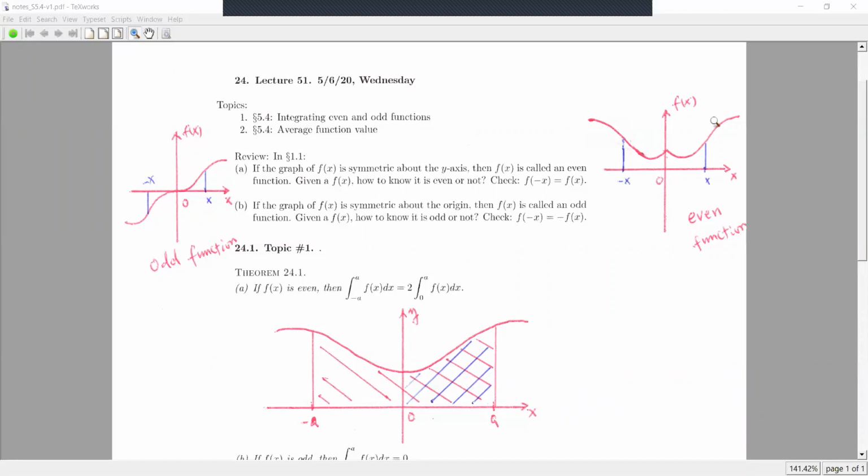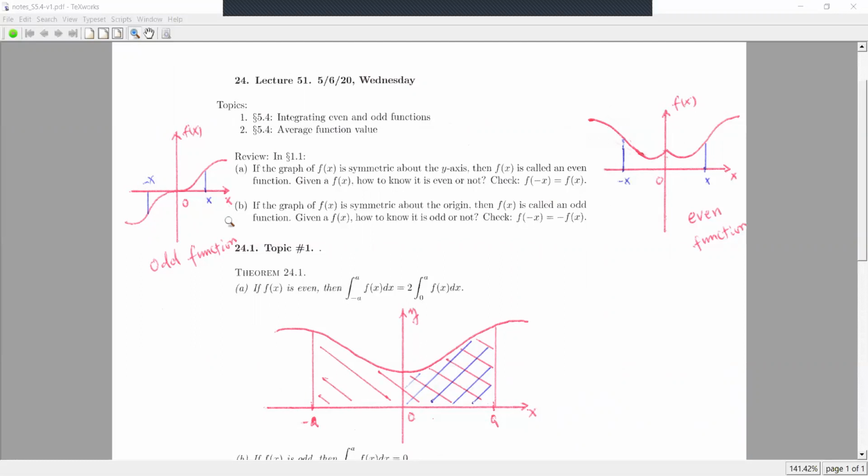If a curve is symmetric about the y-axis, the curve should have the same height at these 2 points. So when this equation holds for an arbitrary x, the function is an even function.